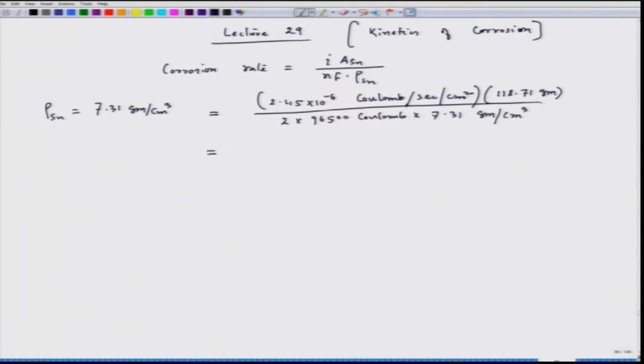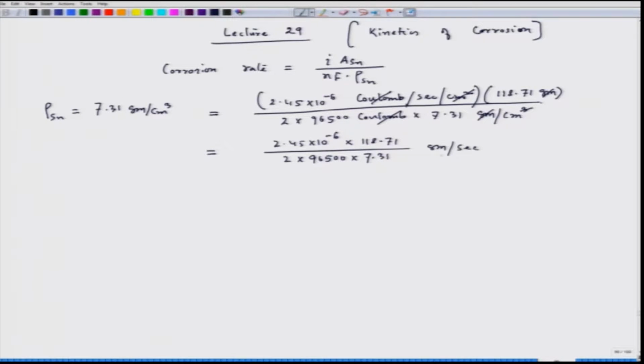Now, I could see that coulomb can be cancelled out, and gram also would get cancelled out. So, you are left with 2.45 into 10 to the power minus 6 into 118.71 divided by 2 into 96500 into 7.31, in gram per second.